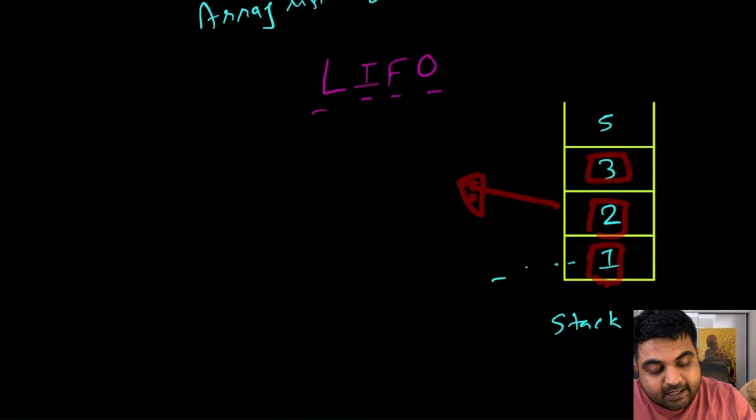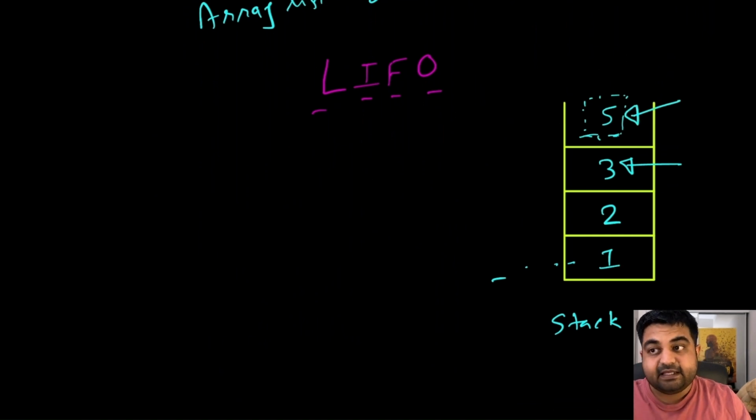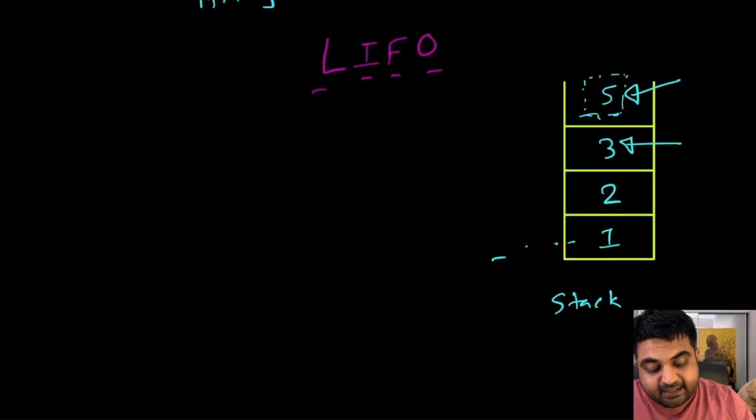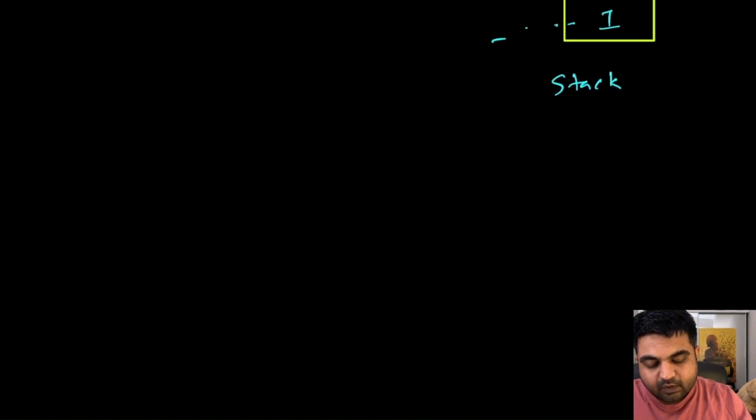We will always have to access element number 5 first, and once we kick element number 5 out or pop element number 5 out, then only we can reach element number 3, which means the last value that was entered inside the stack is going to remain at the top of the stack, and that is the only value we can access at any given moment inside the stack. And this special property of LIFO actually comes in very handy for some very specific operations. So before learning that, let's try to understand what a typical stack looks like in the real world.